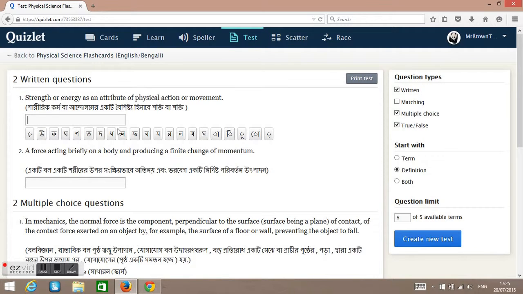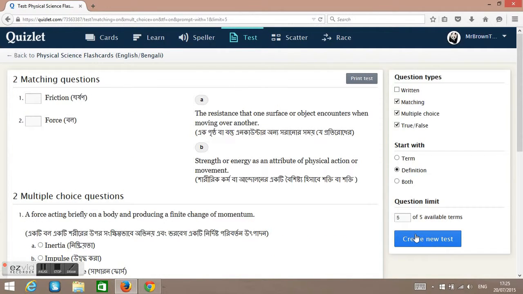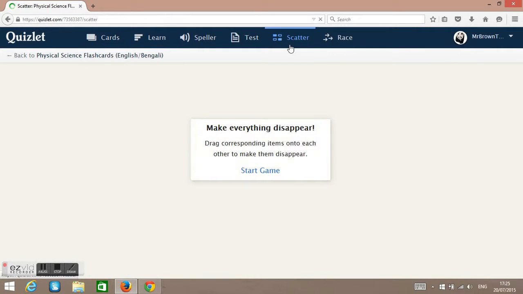Even in the test, you see the written portion, they allow the use of characters. So mainly pick matching, multiple choice, and true or false. There you can see that the issue of writing down characters isn't a problem. Scatter also works without a problem.